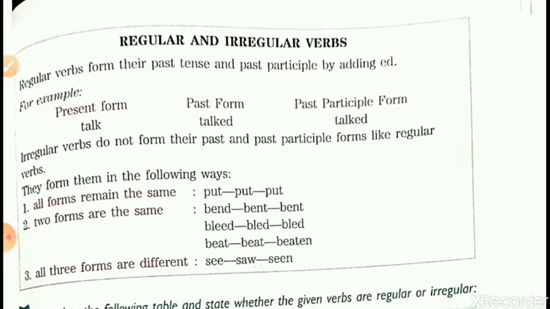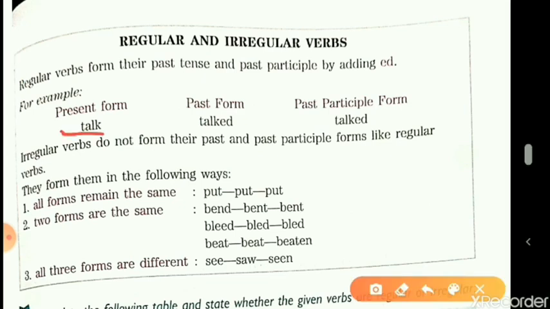Students, regular verbs form their past tense and past participle by adding ed. For example, the present form of the verb is talk. If we want to change it into the past form, we will simply add ed to the word talk.